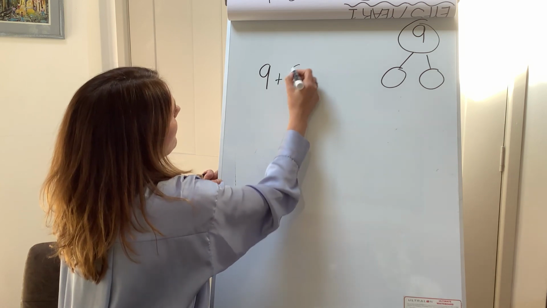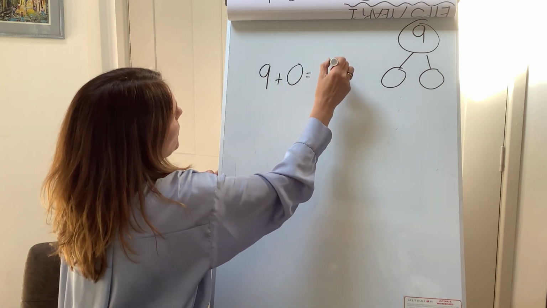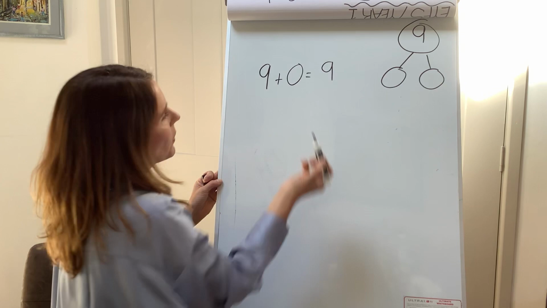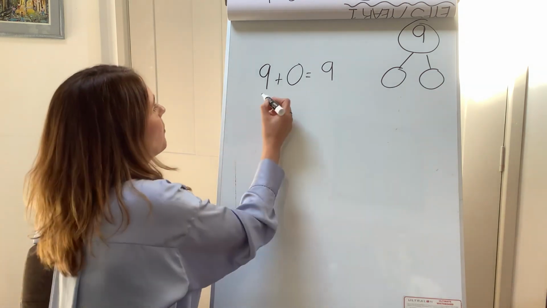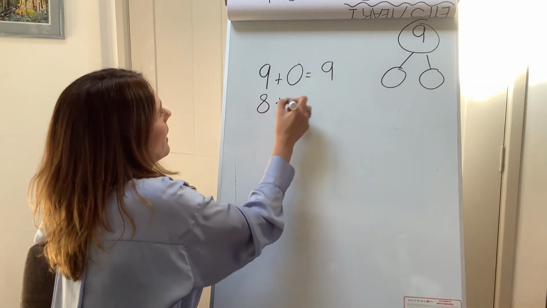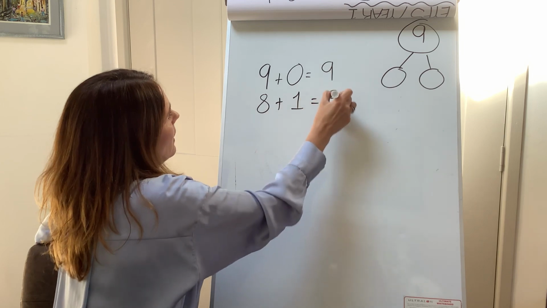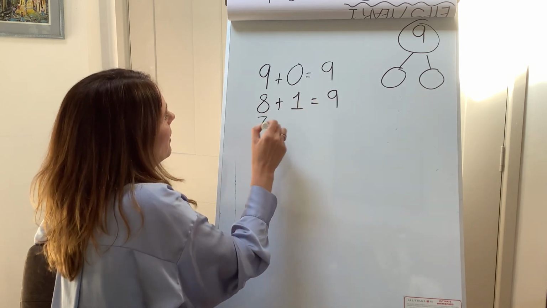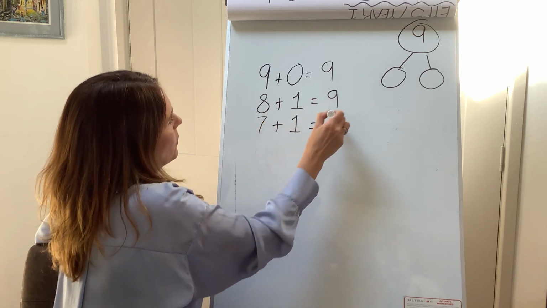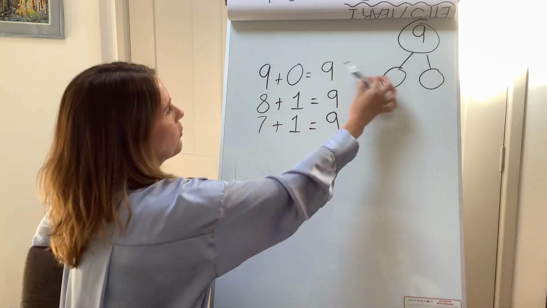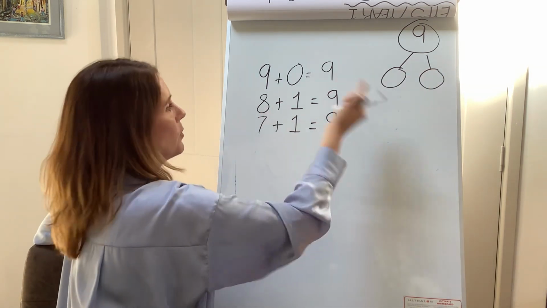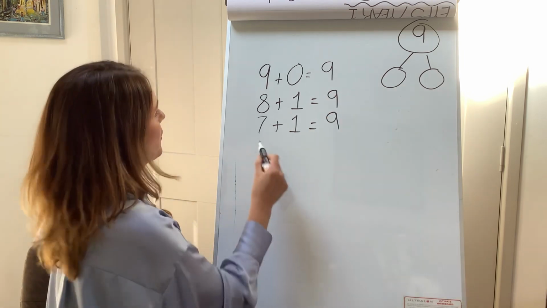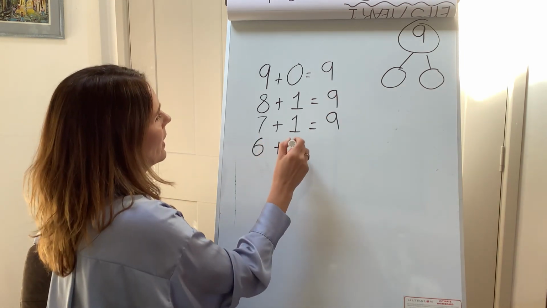So 9 add 0 would make 9. So one could have 9, one could have 0. We could have 8 and 1 equals 9. 7 and 1 equals 9. Now normally I'll put the 0 and 9 at the other side, so do the number sentence the opposite way around. But I'm just going to work down.